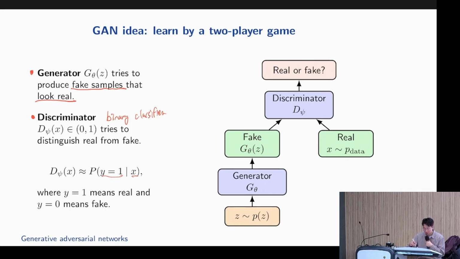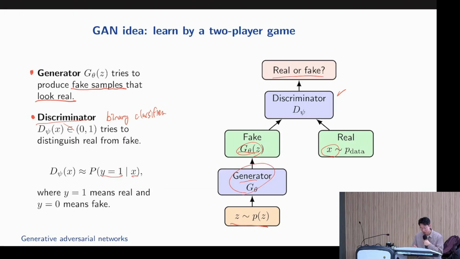So here is the flow. You sample Z from an easy to sample distribution, pass it to the generator, which generates some fake data. The discriminator, without knowing, will receive either fake or real data and tries to gauge whether it was real or fake. The discriminator wants to be a good classifier.